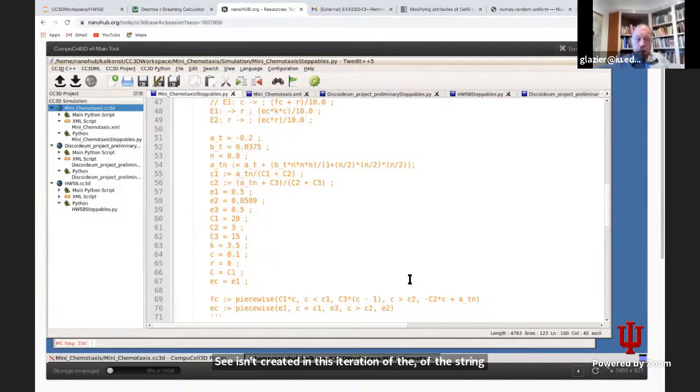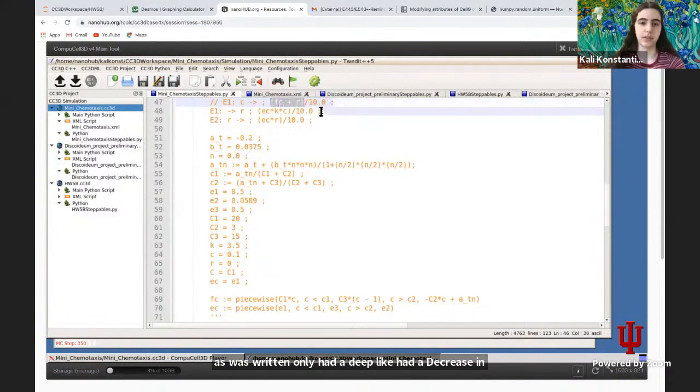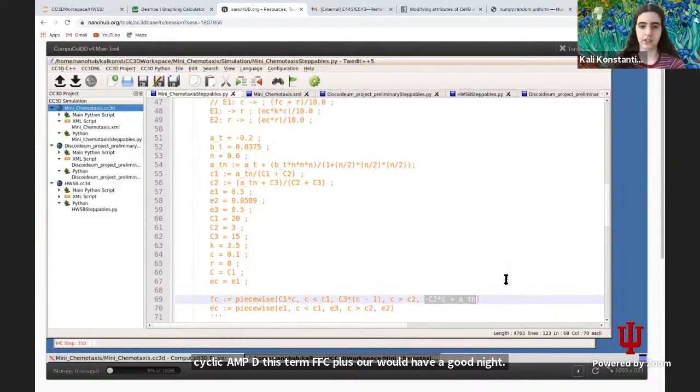Okay, in the original version of the string, how was cyclic AMP created? In the original version of the string, this first equation was uncommented. The model as it was written only had a decrease in cyclic AMP. So in order to increase the amount of cyclic AMP, this term f of C plus R would have had to be negative, which would be the case under a specific f of C condition.